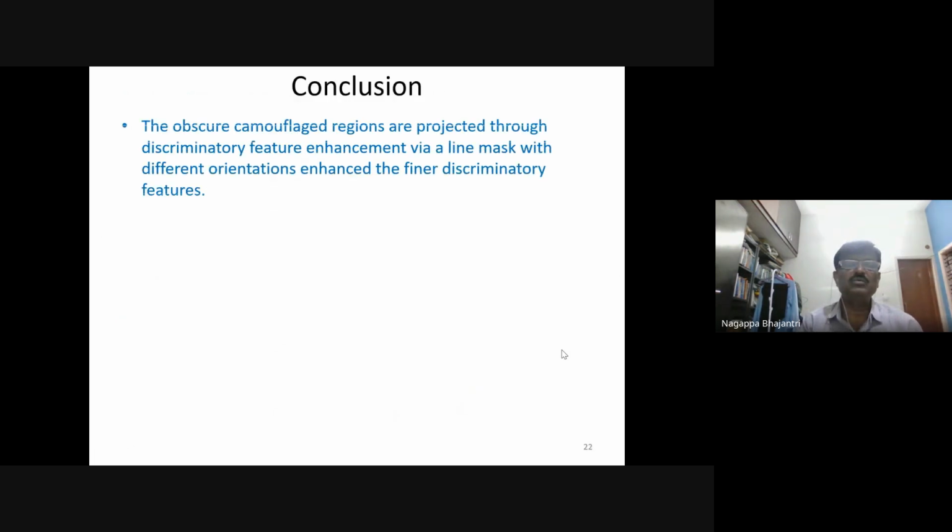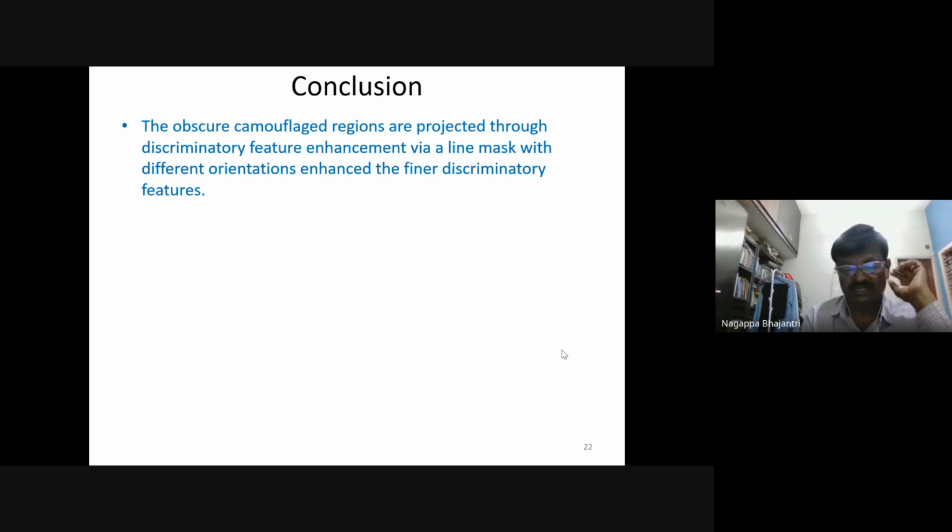Coming to the conclusion, we made an effort to reveal the obscured image through discriminatory feature enhancement. That is, line masks with different orientations enhance the binary discrimination features.